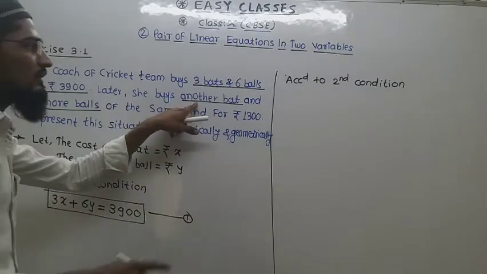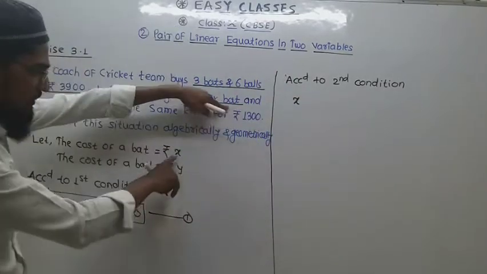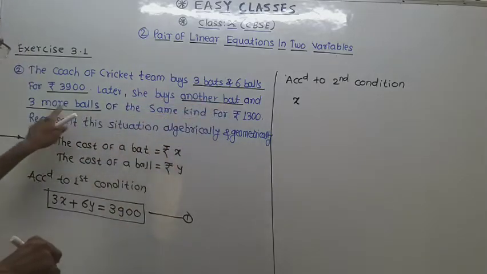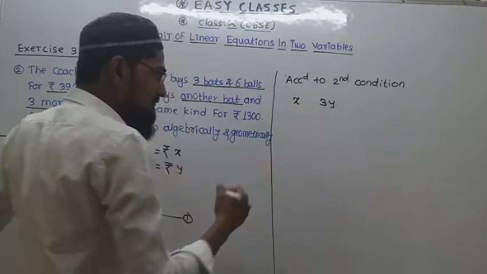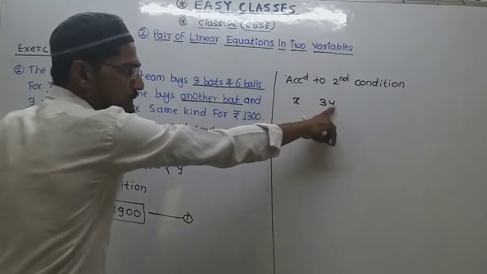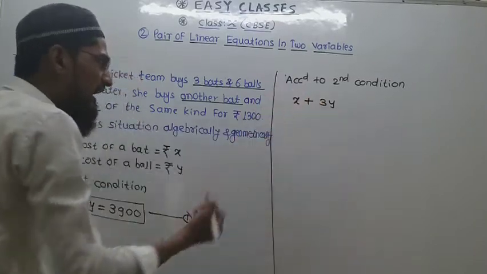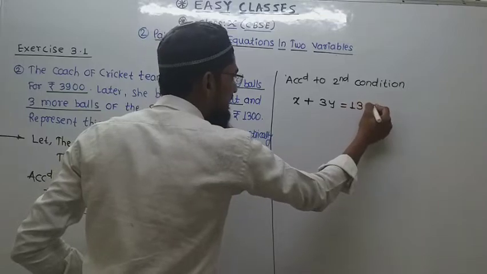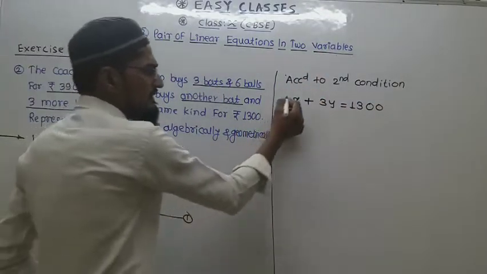So I write x, because a bat is x rupees, and 3 more balls, so 3 into y. The cost of one ball is y, so 3 balls are 3y, and they have added and paid 1,300 rupees. So it is the second condition.